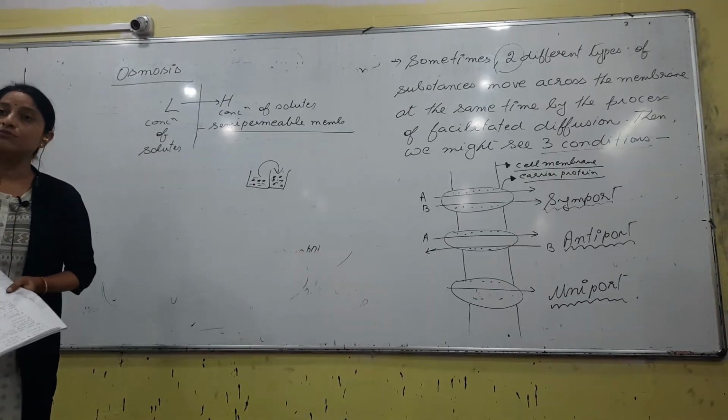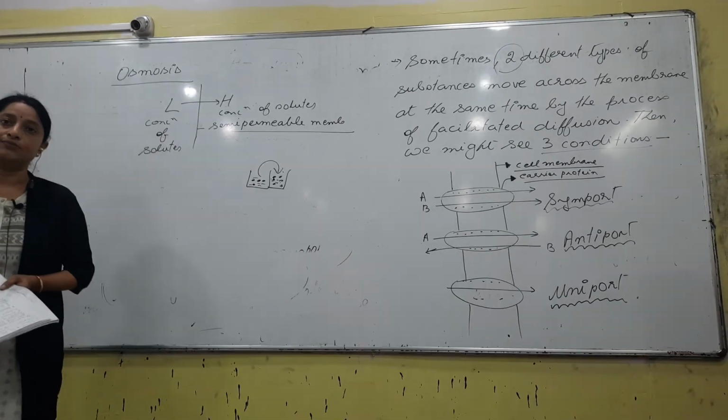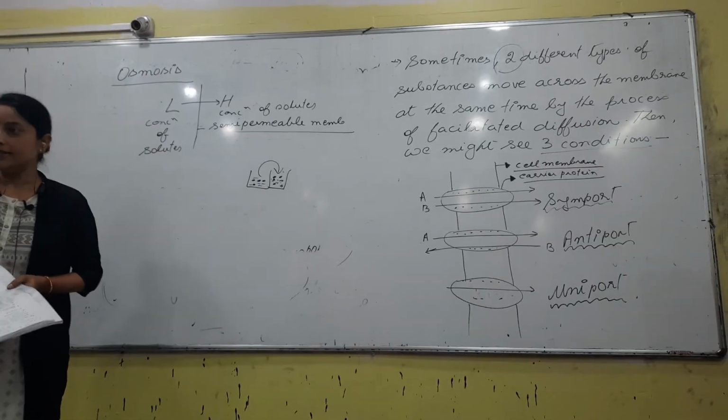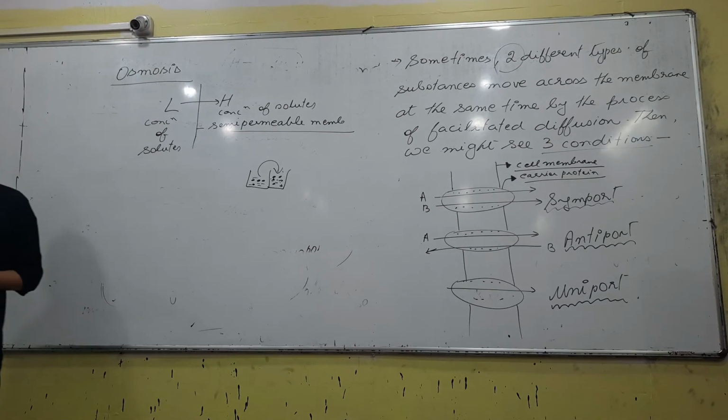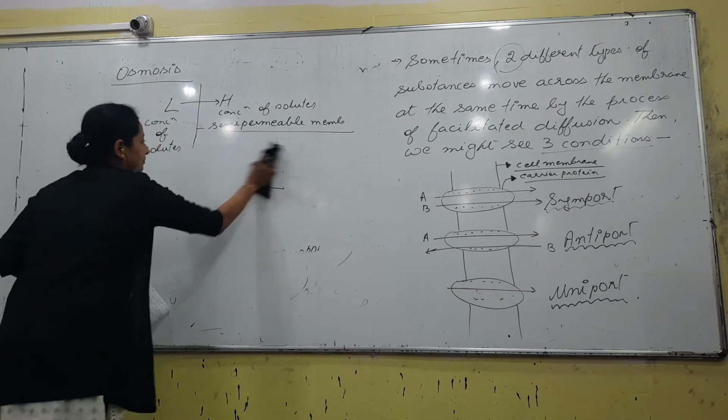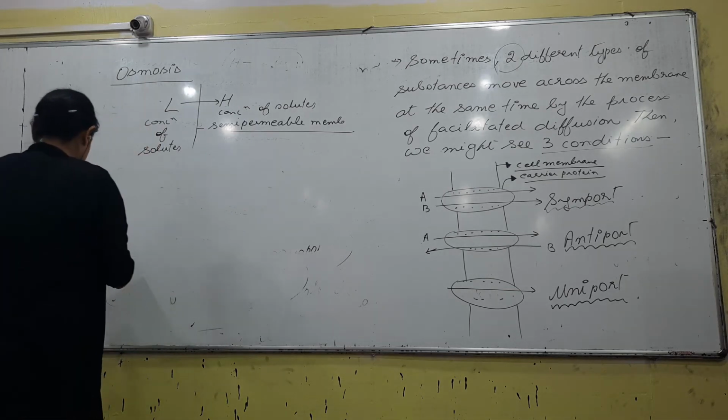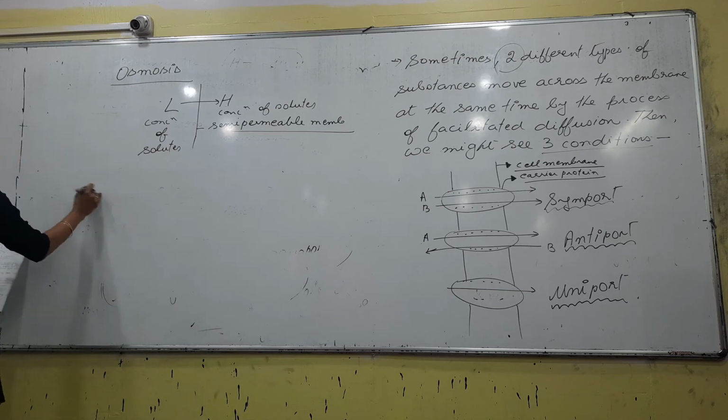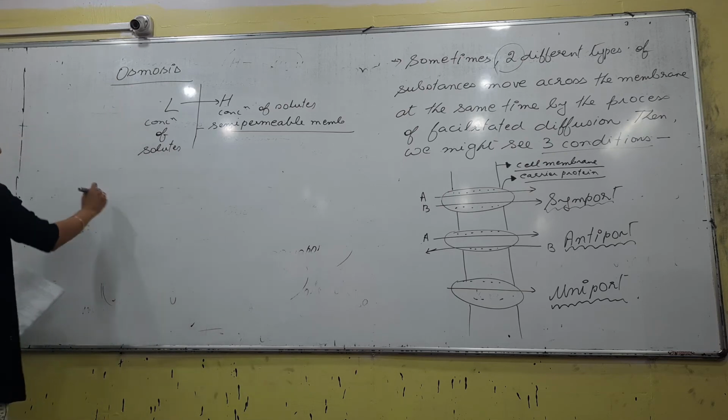The liquid will always move to the area where there is more solute. Either you can discuss in terms of DPD or in terms of water potential gradient also. In both cases, the statement is the same: the cell with more solute will take the water, right? Definition is not needed, understood.